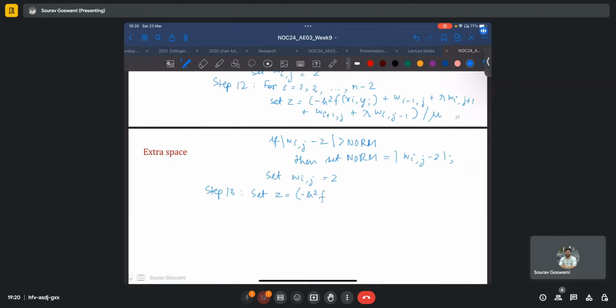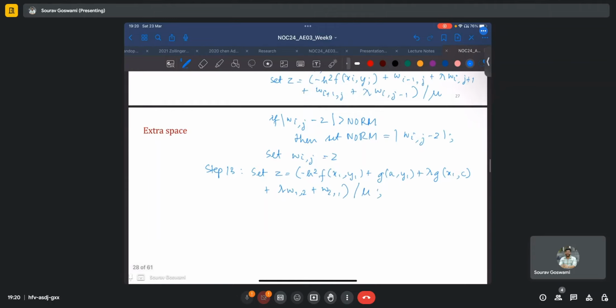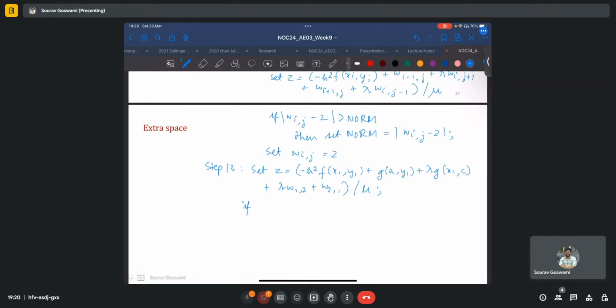Z equals minus h square f of x1 y1 plus g of a y1 plus lambda g x1 comma c plus lambda w1 comma 2 plus w2 comma 1, by mu. If w1 comma 1 minus z is greater than the norm, then again set norm equal to w1 comma 1 minus z and update w1 comma 1.